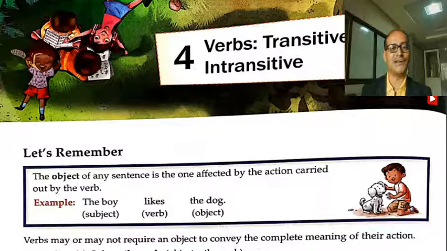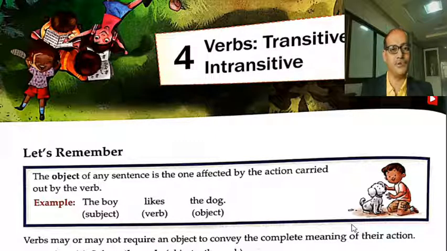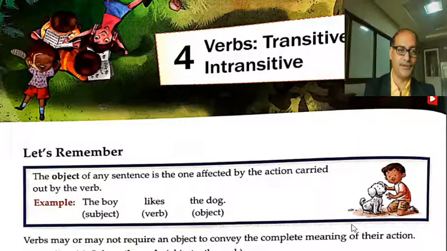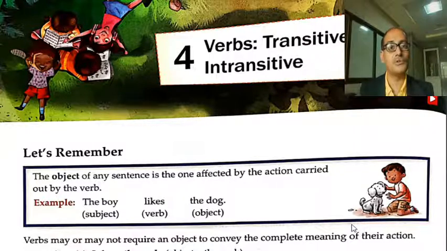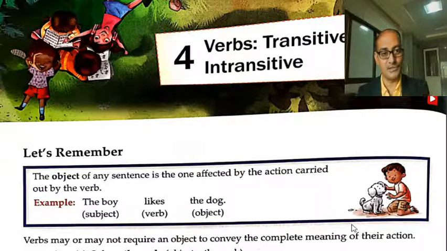So opens, cut, likes, these are the verbs, and because of the verb, some part of the sentence, as in the boy likes the dog, is affected. This likeness is affecting the dog. Or, I cut the mango, so this verb cut affects the mango.